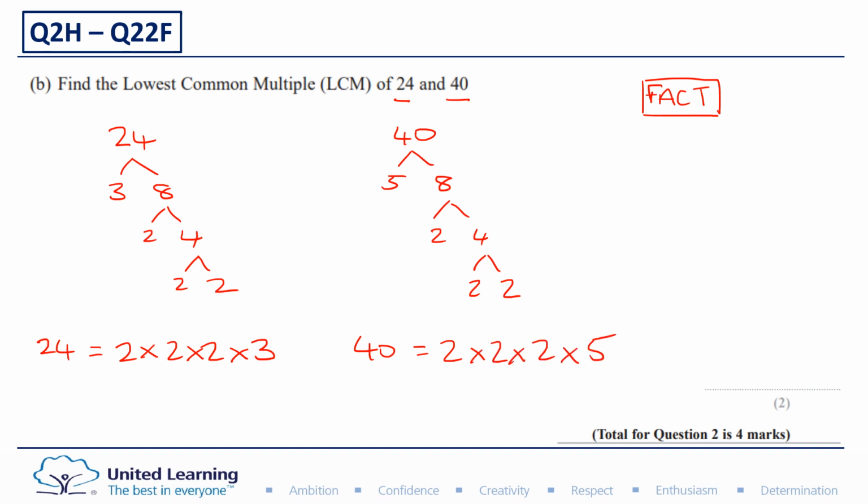If you're used to doing this in Venn diagrams, then I'd have the three 2s common to the middle. That would be 2 times 2 times 2. This would be 3 and this would be 5.